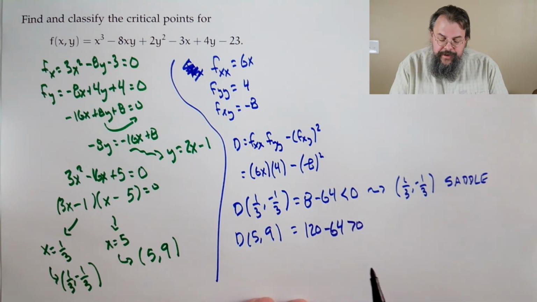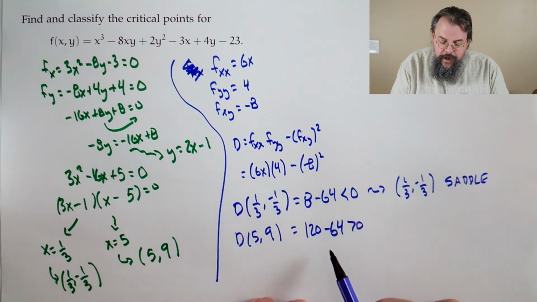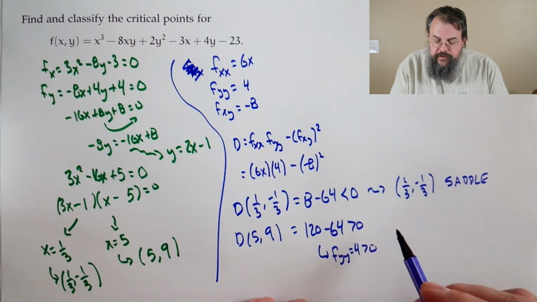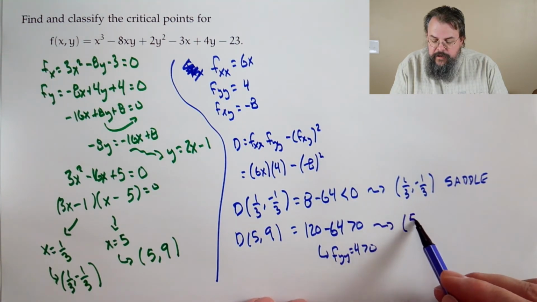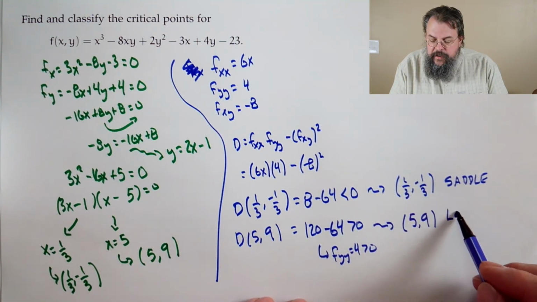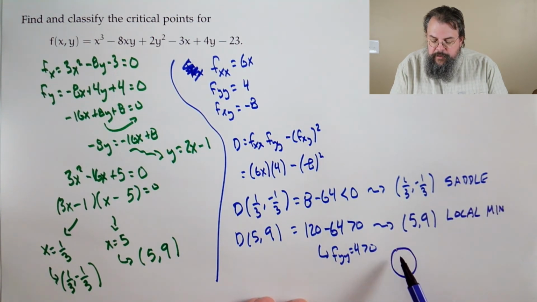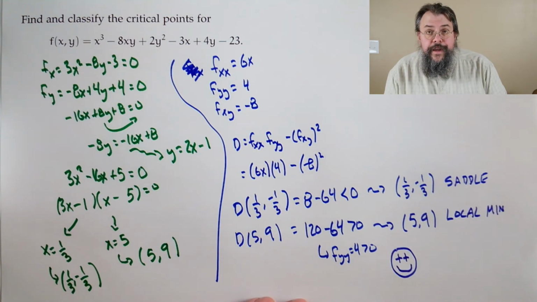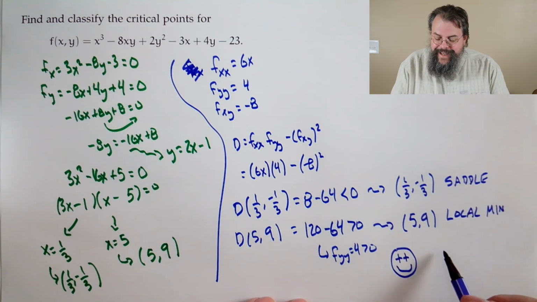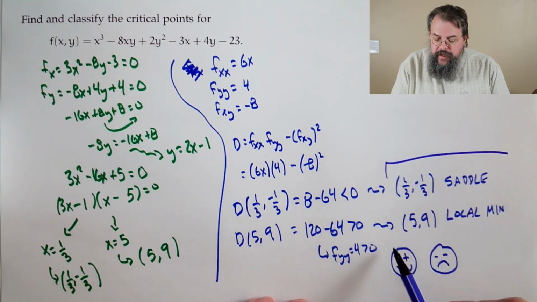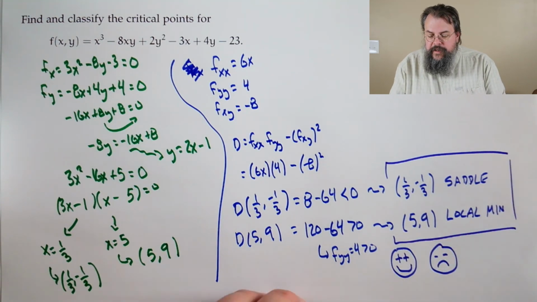And notice our fyy is 4, which is positive, and therefore this point (5, 9) is a local min. Remember our basic rule: a positive number means our curve looks locally like a smile, and a negative number means locally we look like a frown. So we're positive, a local min. And done.